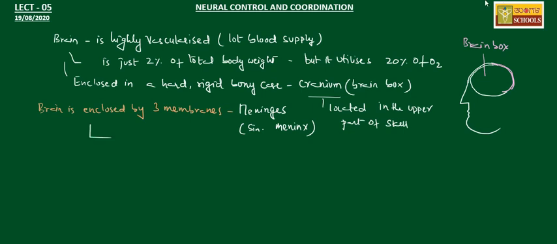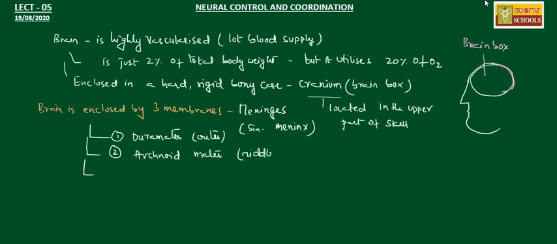The first one is dura mater. This is the outermost membrane. Then the second one is arachnoid mater. This is the middle one. And then the third one is the pia mater, and this is the innermost one.